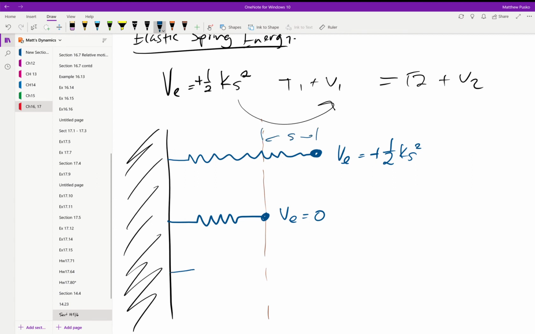And if we compress that spring, and this is S1, let's call this S2, then our potential is still a positive 1/2 k S2 squared. We just got to look at the before and after. Where is it in space? Put that on the left hand side. What are the coordinates and what kind of energies does it have after? Put that on the right hand side.